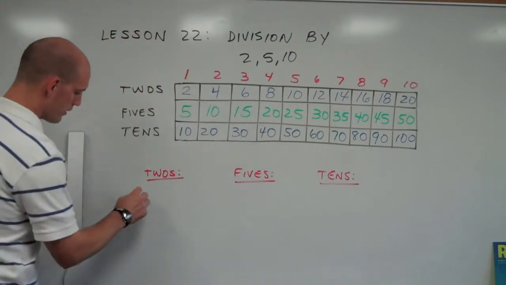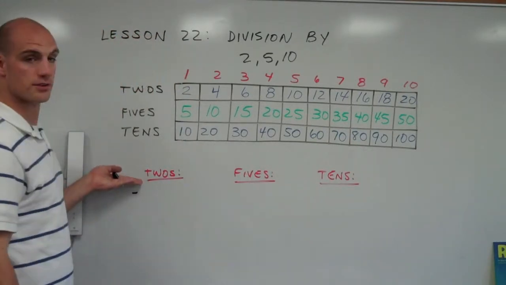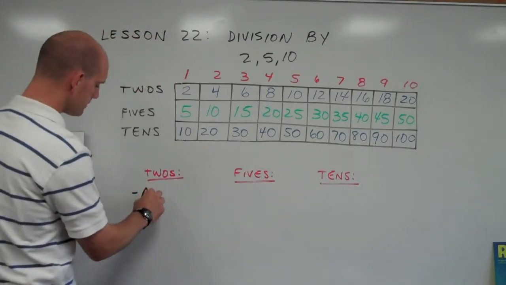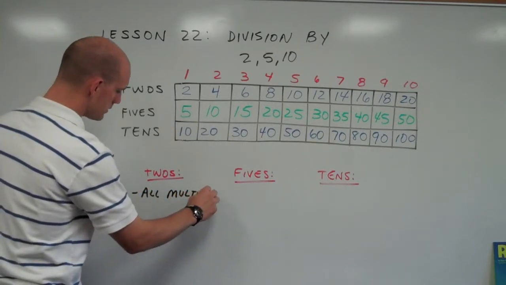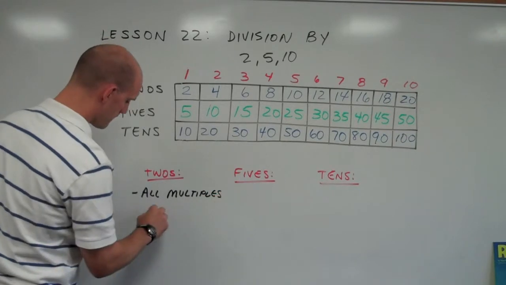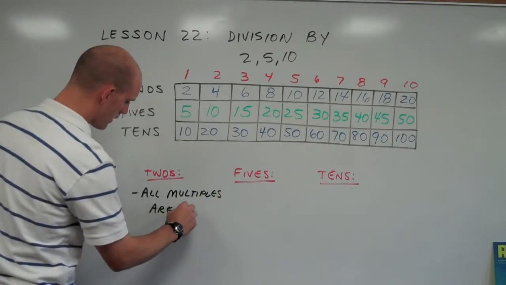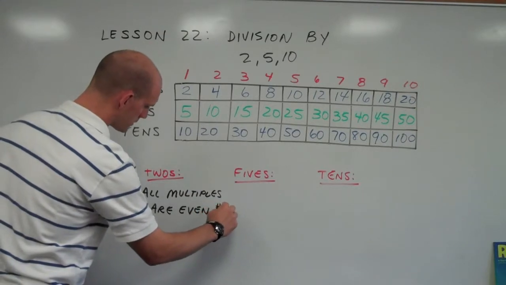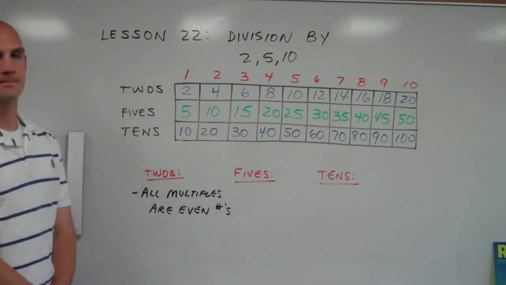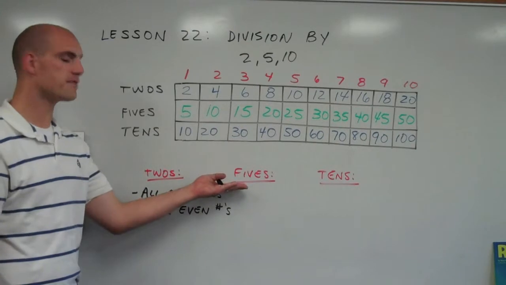So when we put in our notes our observations for 2s, we're going to say all multiples are even numbers.